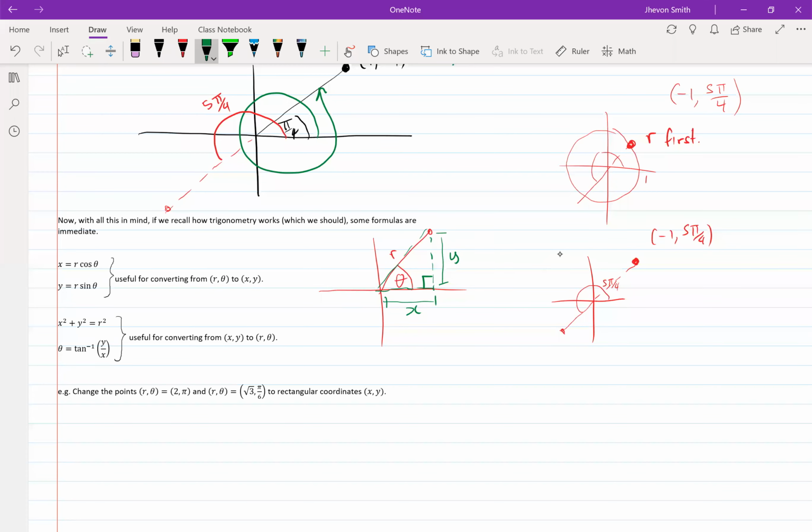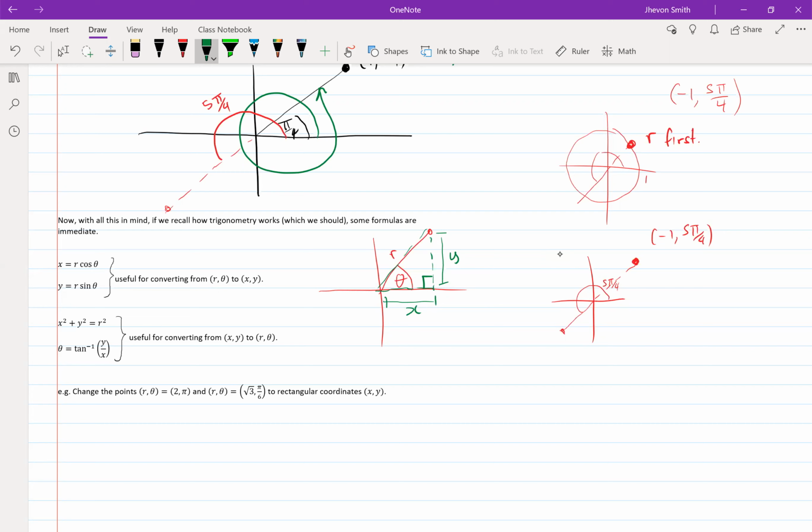Sine of theta is equal to opposite over hypotenuse, therefore I can solve for y to get r sine theta. Cosine theta is adjacent over hypotenuse, therefore I can solve for x to get r cosine theta. So these equations will take effect automatically once I'm working in this coordinate system.